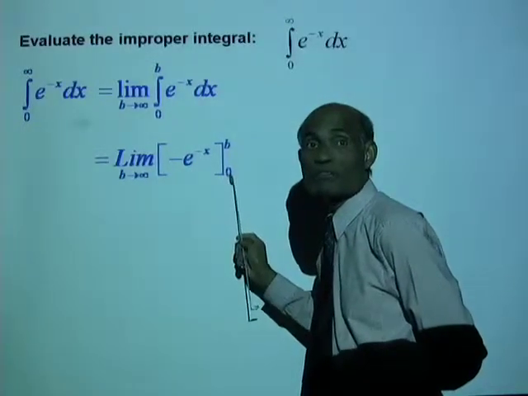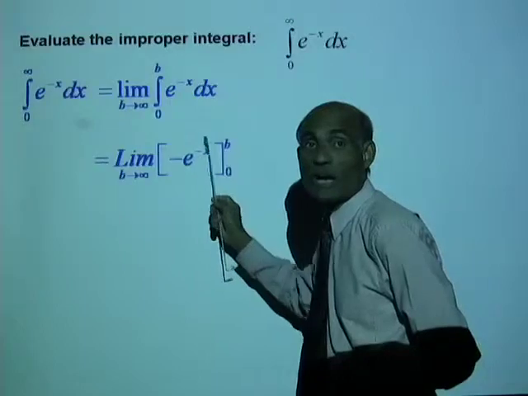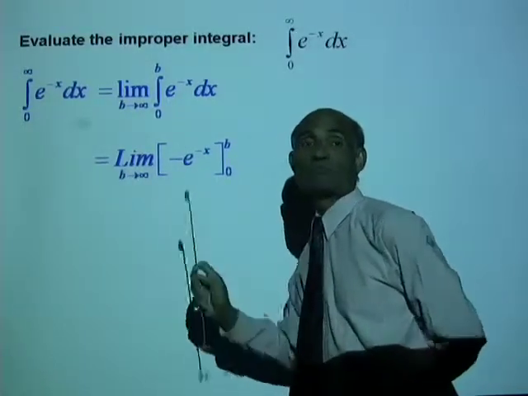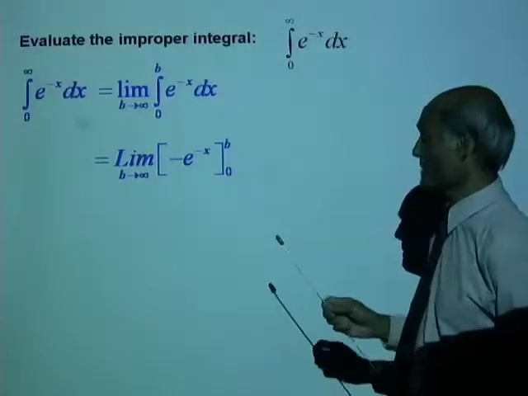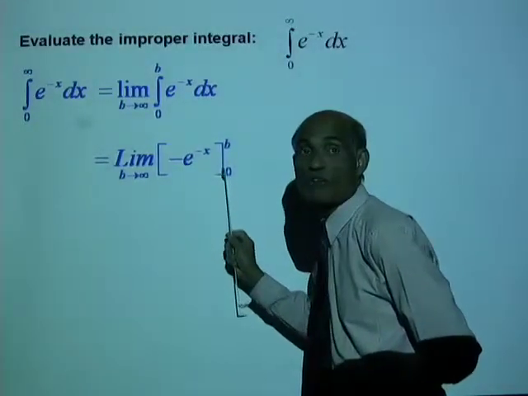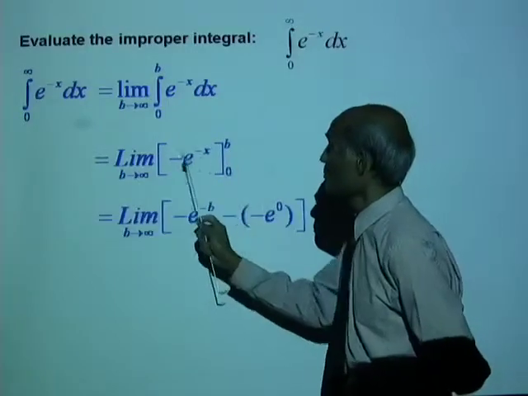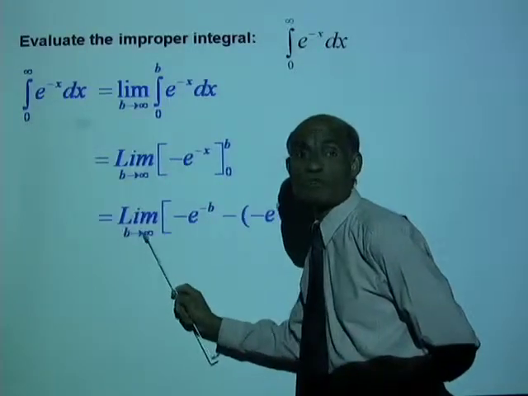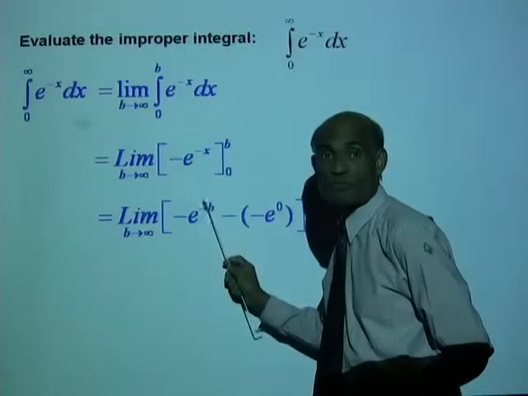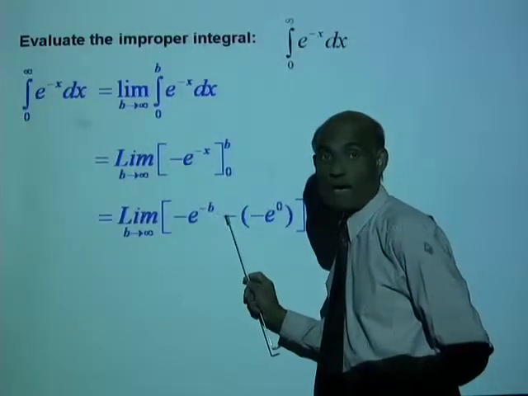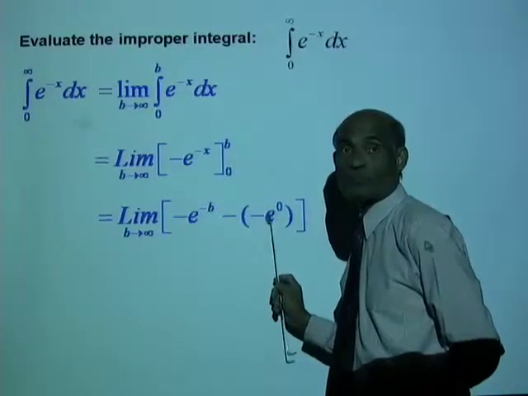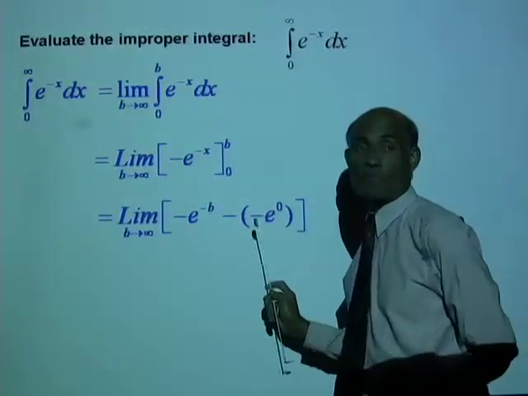And the limit is from 0 to b. And we take the limit of this quantity as b approaches infinity. Alright, let's apply the upper limit minus the lower limit. So this will be limit b approaches infinity, negative e to the power of negative b minus the lower limit, which is negative e to the power of 0.